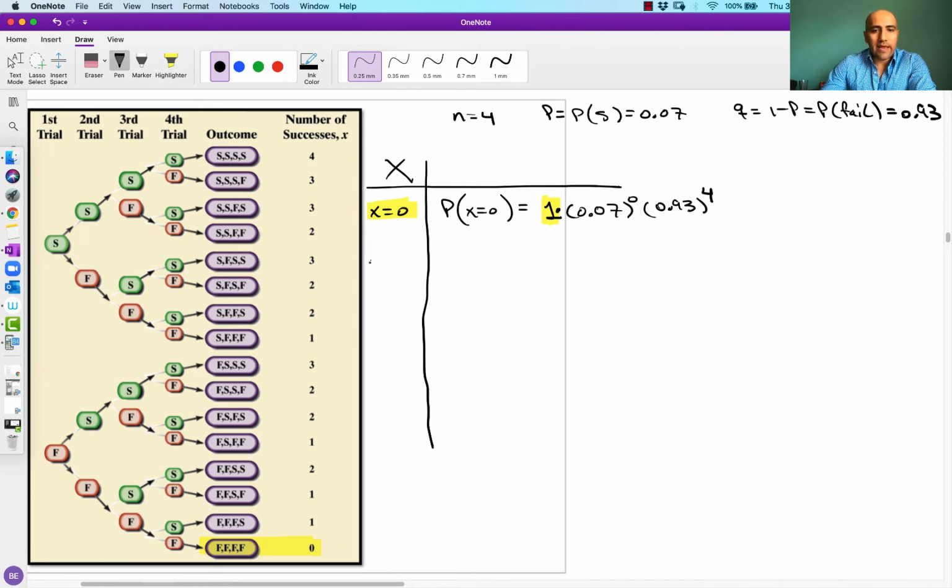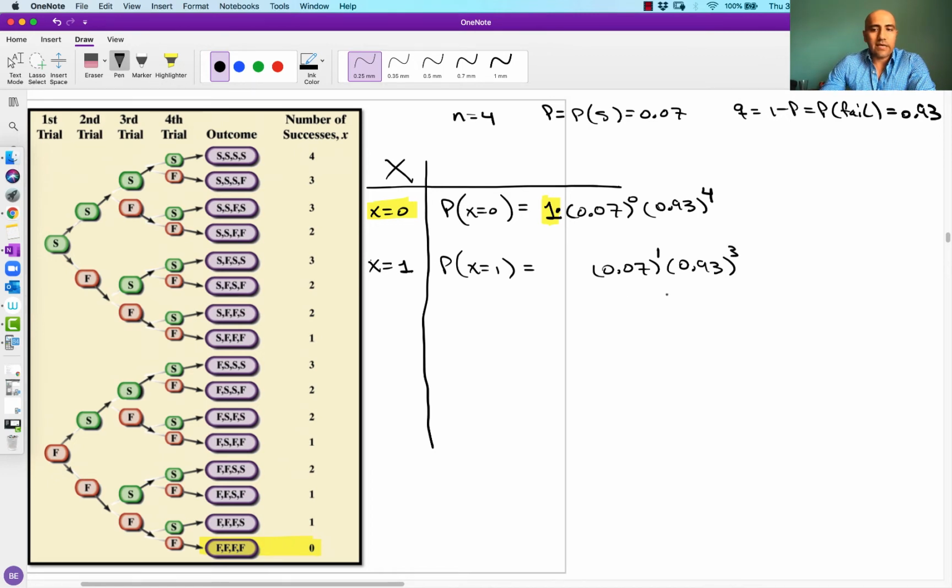What's the probability that x equals 1? X equals exactly 1 success. Good. So now the probability that x equals 1, I'm going to skip that for a second. I know that there's going to be 0.07 to the power of 1 success, and 0.93 to the power of 3.